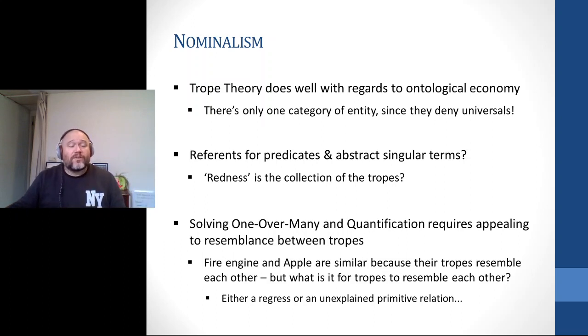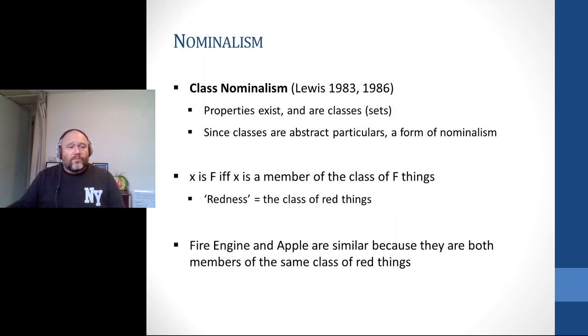Still, it's a position that's been developed quite neatly. Now, alternatively to trope theory, if we're still going with this reductive nominalism, we might be class nominalists. So probably the most famous class nominalist is David Lewis, the same person who invented modal realism. A class nominalist thinks that properties exist, but they're not universals.